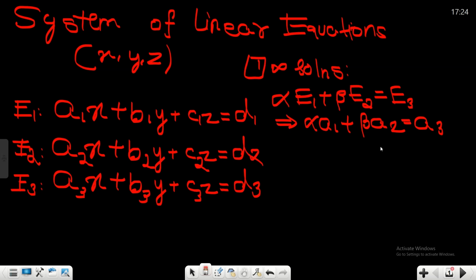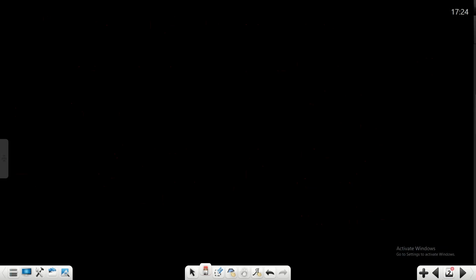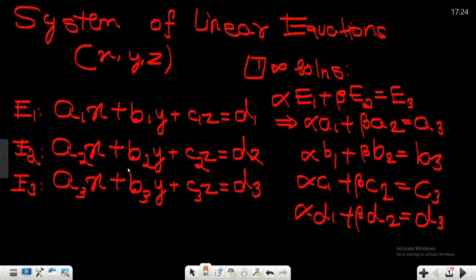Even with d it will work, like alpha b1 plus beta b2 is equal to b3, then alpha c1 plus beta c2 is equal to c3, and alpha d1 plus beta d2 is equal to d3. So for all these four types of constants you can apply this logic.